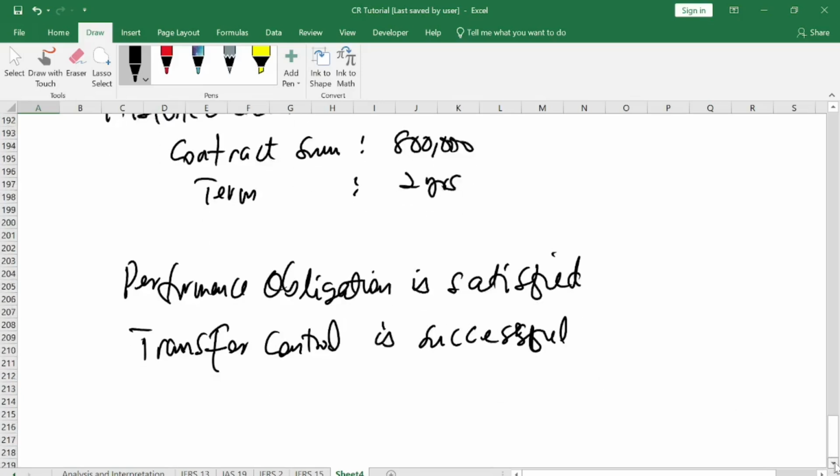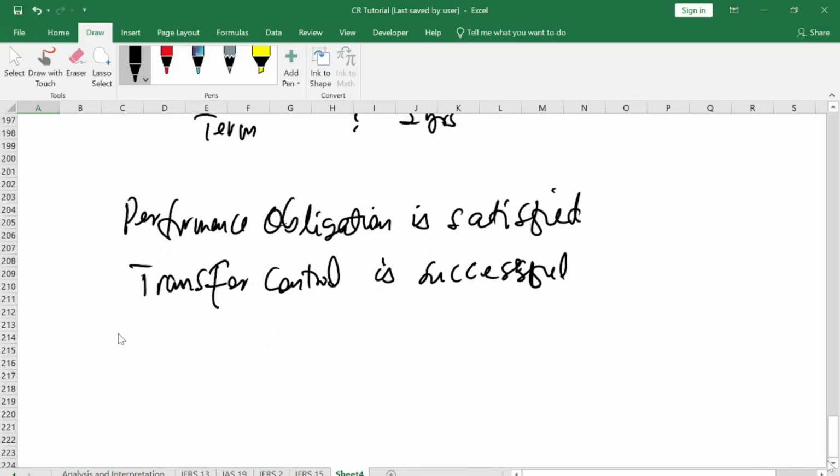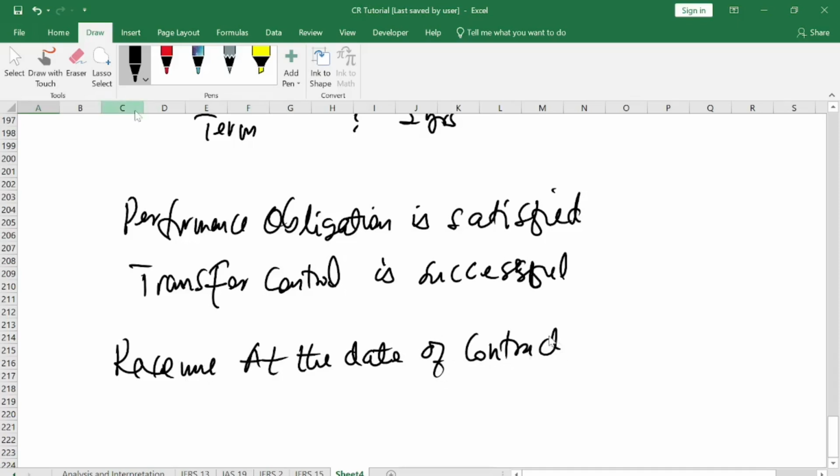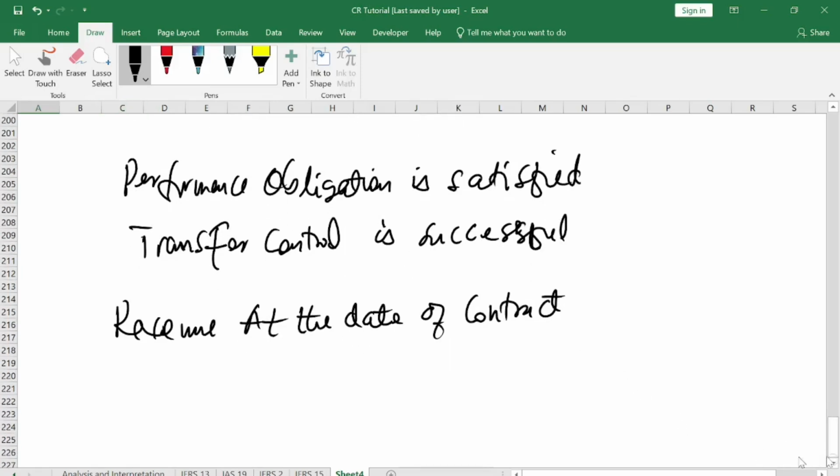This one you can recognize revenue. So this is what we call revenue at the date of contract. Ultimately, you recognize the revenue when the performance obligation and transfer of control are satisfied. So here you have the contract sum to be 800,000.